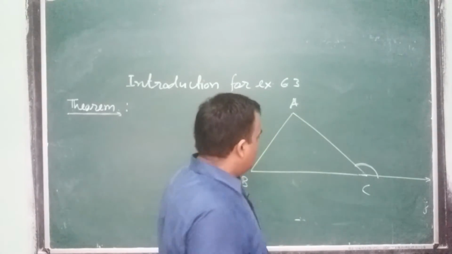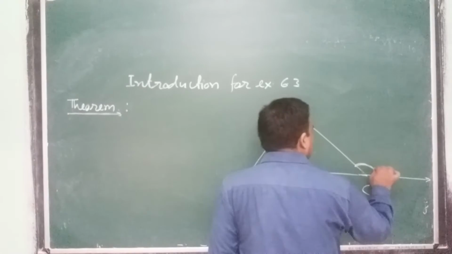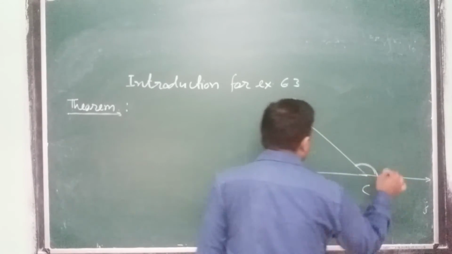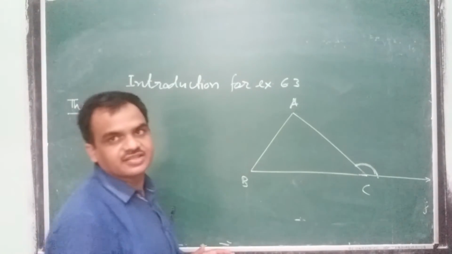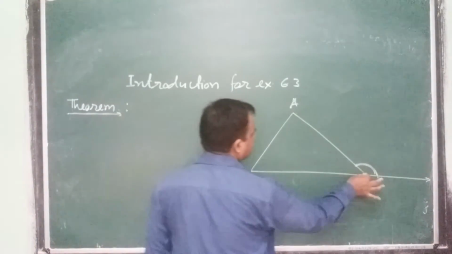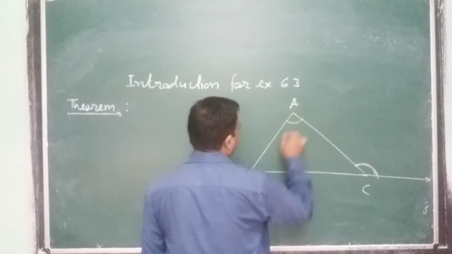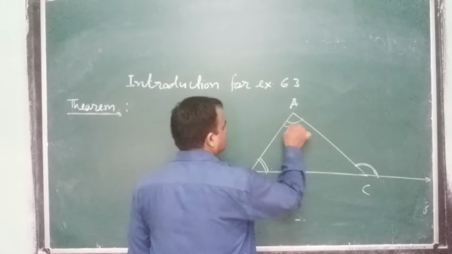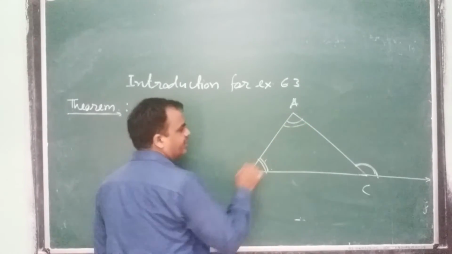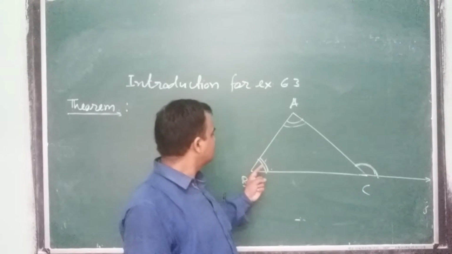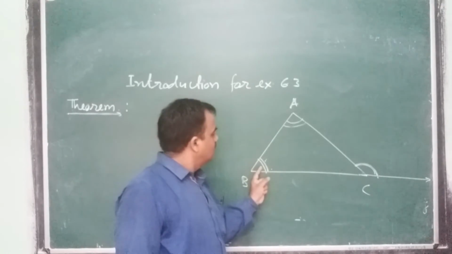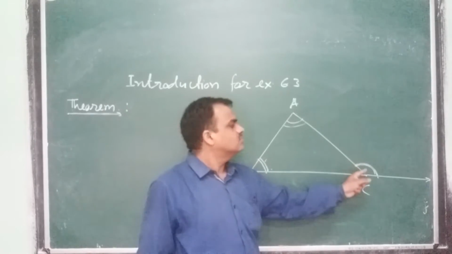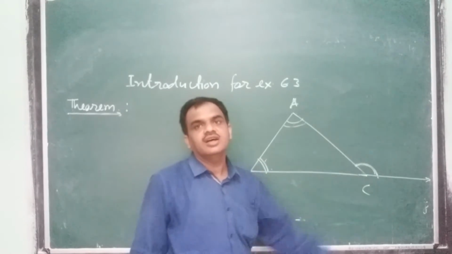So the value of this angle will be the sum of opposite interior angles. Opposite interior means leaving this point, we are having these two angles. These two angles are opposite interior angles. The sum of these two angles will be equal to this one. This is the theorem.